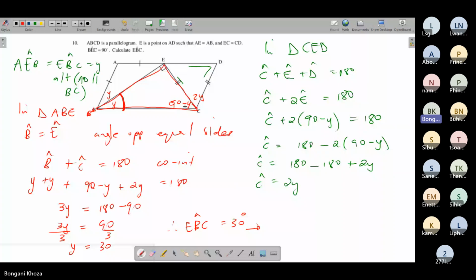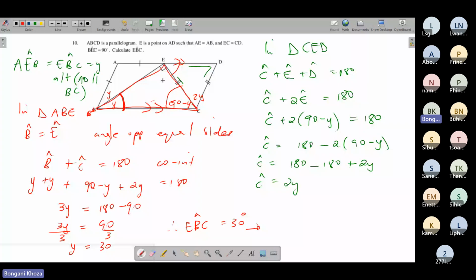After that, since this line is parallel to that line, this angle over here is the same as that angle on top, because those are alternating angles. That means this is also 90 minus Y.